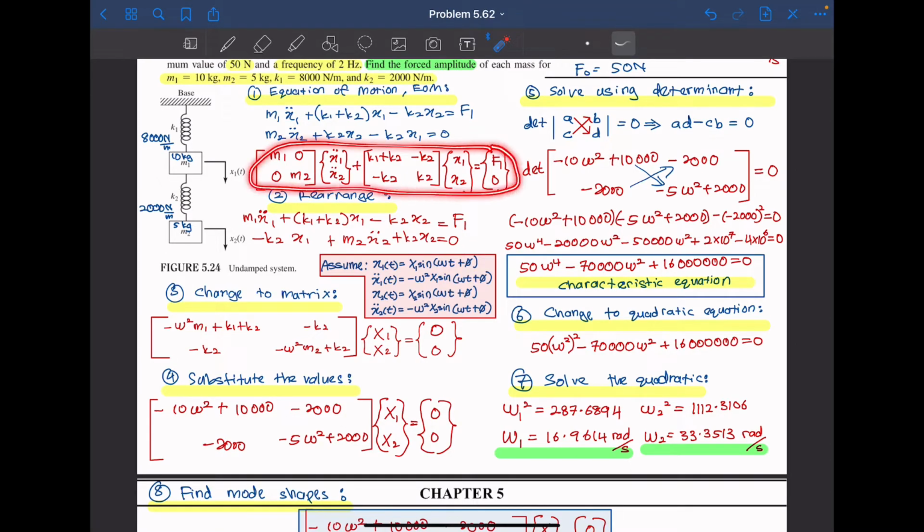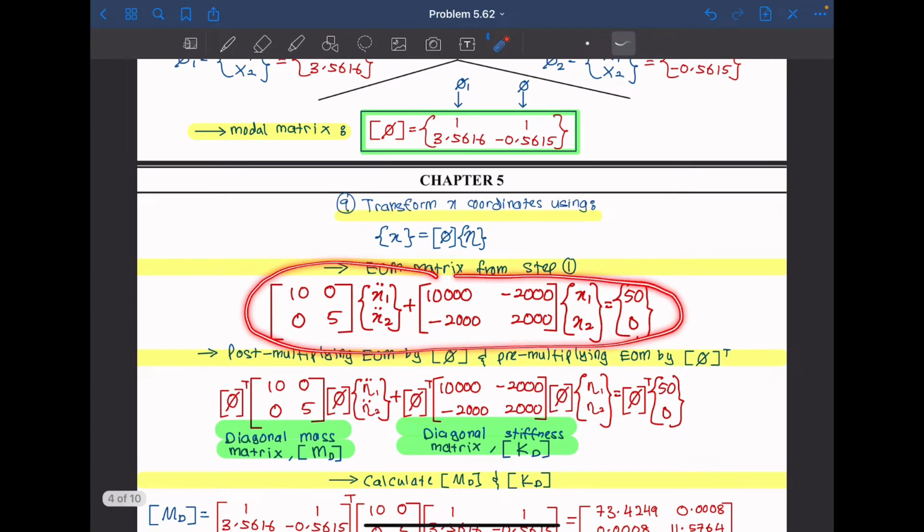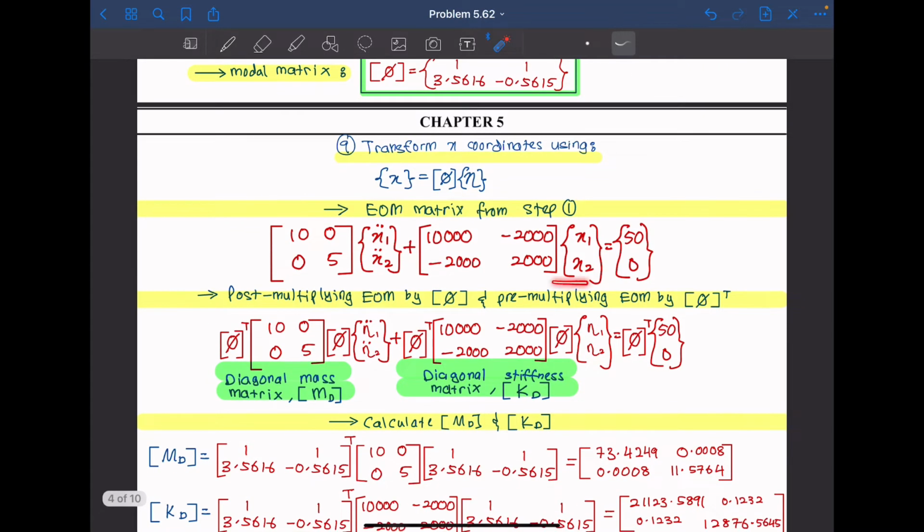For this one, the same thing, but I've already substituted all the values: M1 is 10 kg, M2 is 5 kg, K1 plus K2, 8,000 plus 2,000, negative K2, and also K2. And your force at M1 just now is 50. I got it from the first step, just substitute all the values. Then, what is this? Also from the slide, step by step already laid out in slides, so you can easily refer to it. But if you don't understand, use this video instead.